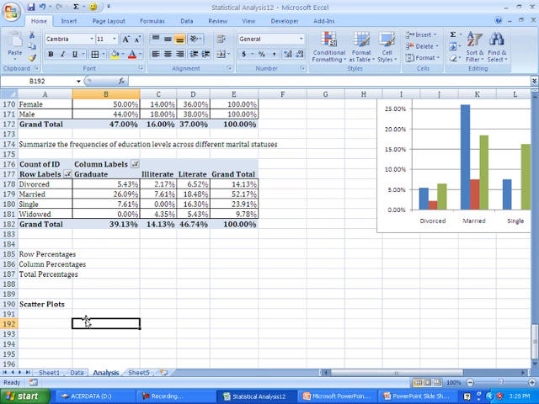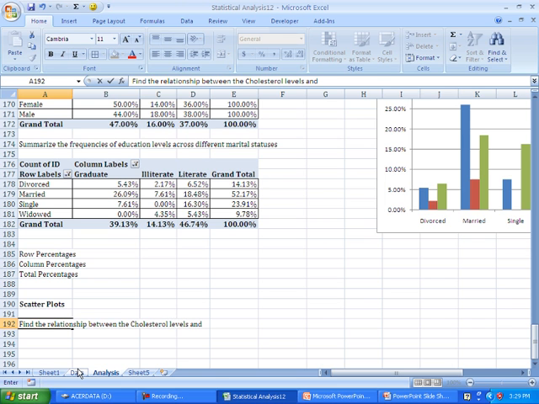Now what if the two variables I am working with are scale variables? Like for example, I would like to create a question here. Find the relationship between the cholesterol levels and the blood pressure levels.